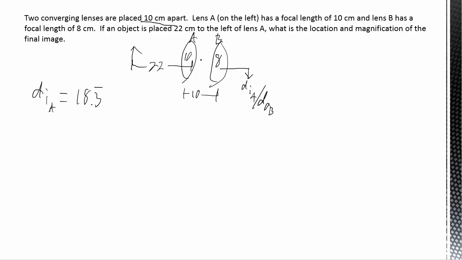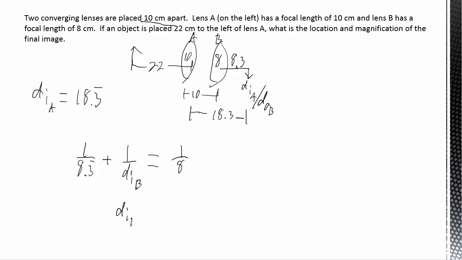And from lens B, if this total length here, from A to the image is 18.3, but we've got this 10 here, so this distance here is just going to be 8.3 relative to lens B, so that's what we're going to plug in to our equation for lens B. So 1 over 8.3 repeating plus 1 over the image of lens B distance equals 1 over that focal length, and now we find an image distance of 4.08 centimeters.